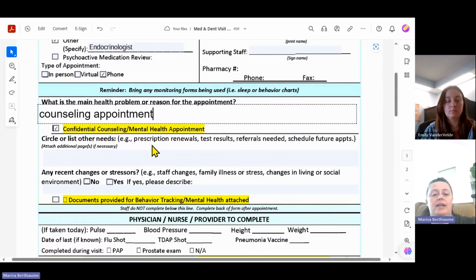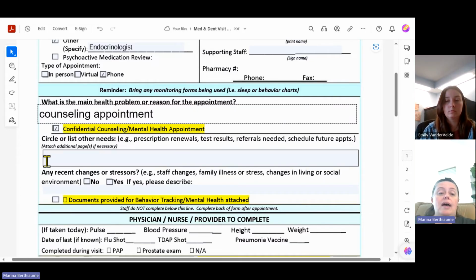Circle or list other needs. So during the appointment, is the person needing prescription renewals? Do we need to go over test results? Do we need a referral to OT or PT possibly? Scheduling future appointments.